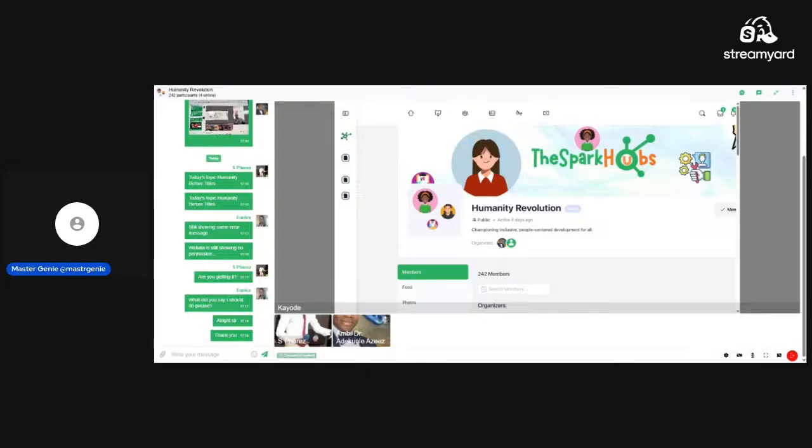This is the Global Clusters Spark Hubs community. We do nation building here. Anything that has to do with demoralization, we don't get involved. Anything that has to do with destroying your fellow human being, we don't get involved. Anything that has to do with trying to tarnish another person's image, we don't get involved.